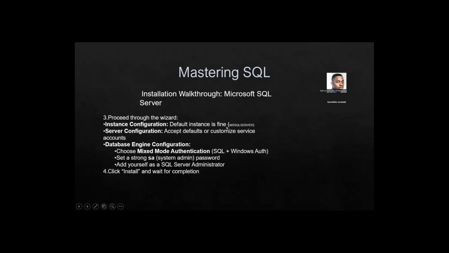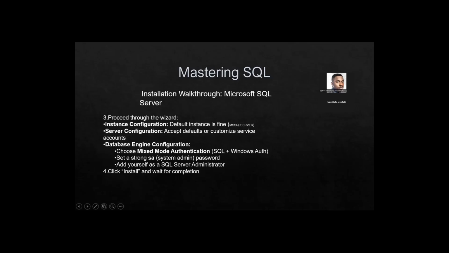But when I did, I didn't use defaults because I had another SQL, so I had to change the name. Then database engine configuration, choose mixed mode authentication, SQL plus Windows authentication. That's the mixed mode we chose just now. Set a strong SA system admin password, which you have done, right? The username is SA. Then you have created a password for it. Then there's also Windows authentication. Once you can log in, then it will work.